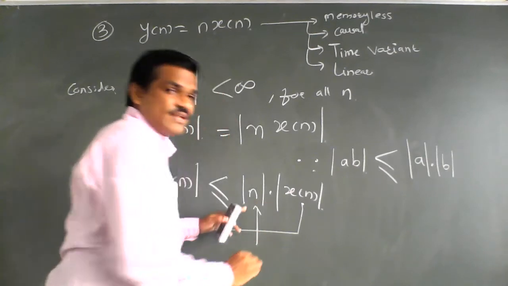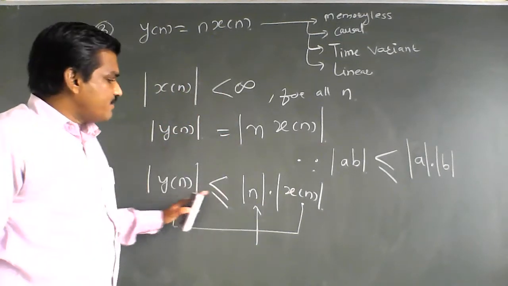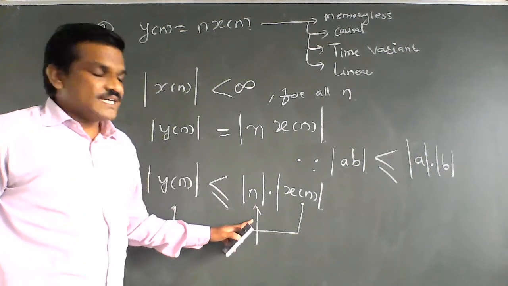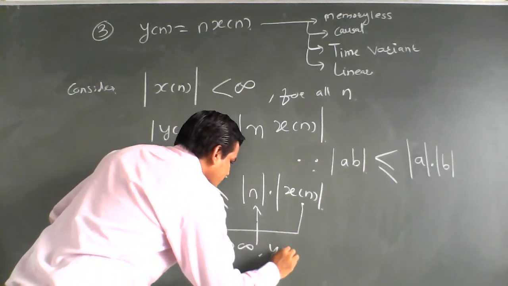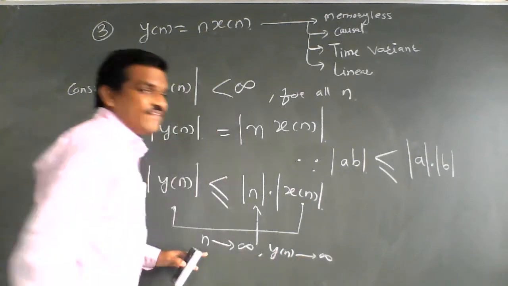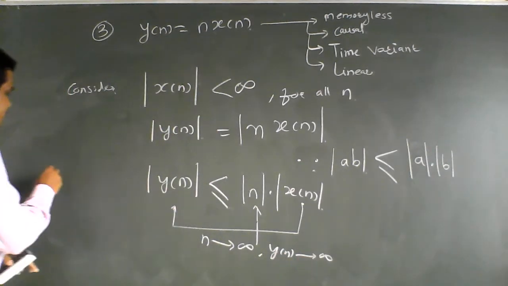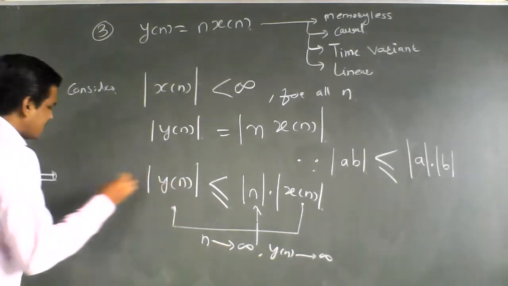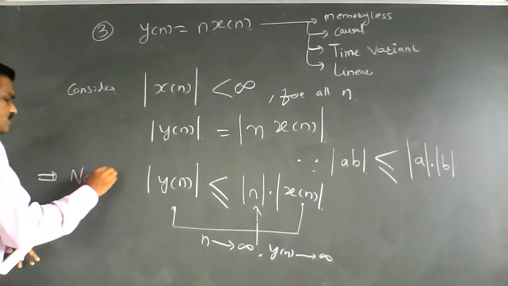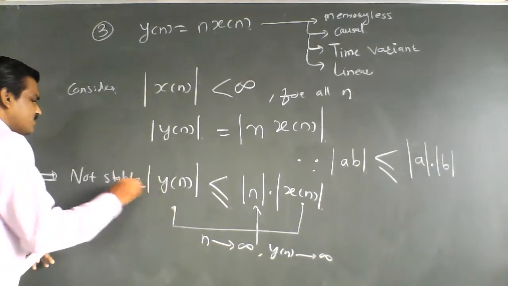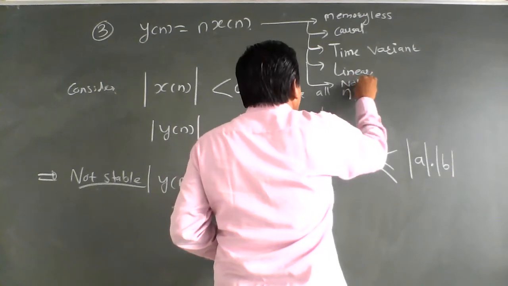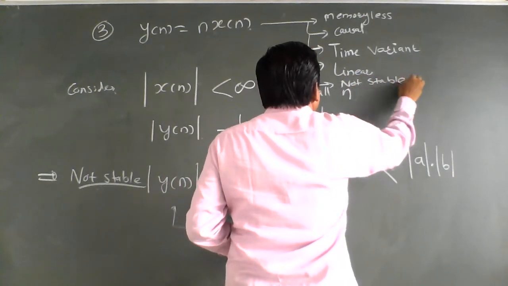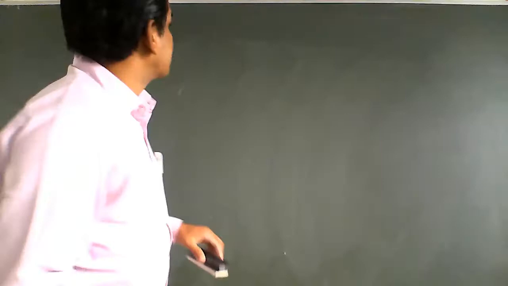The output depends upon this n, which states that if n goes to infinity, y of n also tends to infinity. So this tells us that this particular system is not stable. Understood?